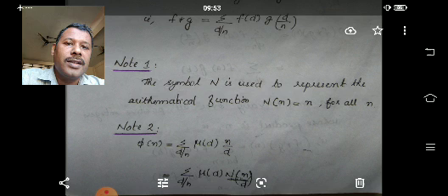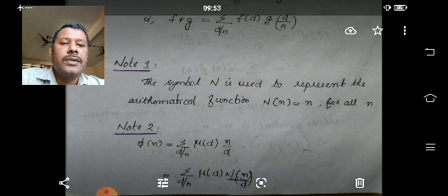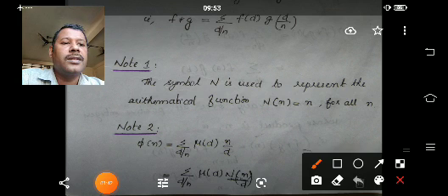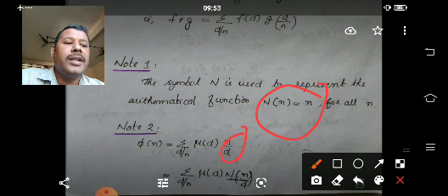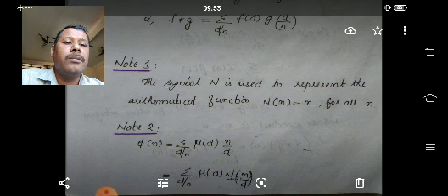We know that n equals N(n). Therefore, phi of n equals the summation over d dividing n of mu(d) N(n/d), changing small n to capital N.